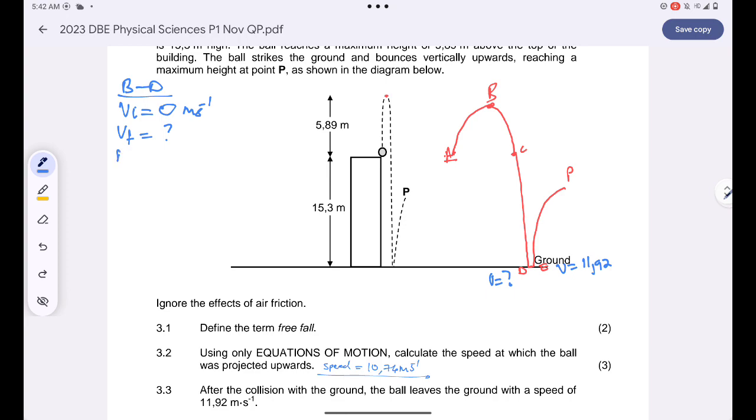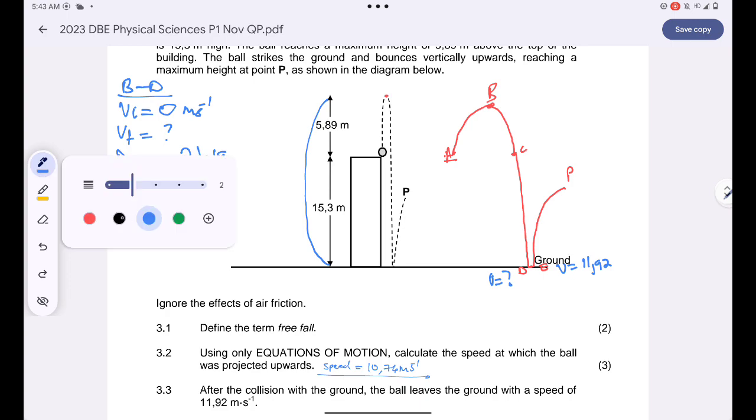The displacement, I just need to sum these two up. Whenever I say 5.89 plus 15.3, I simply get 21.19. But remember that, guys, displacement is a vector quantity, so you must assign your direction.